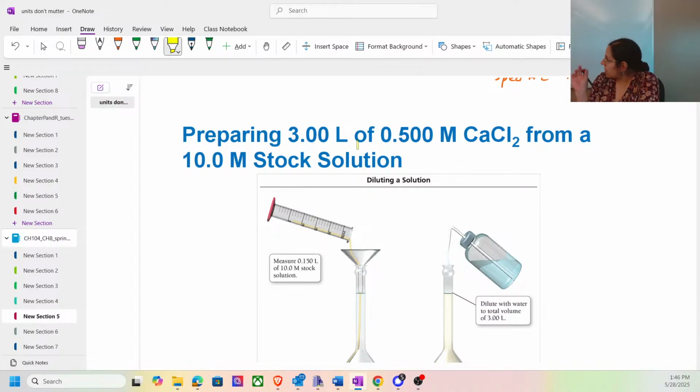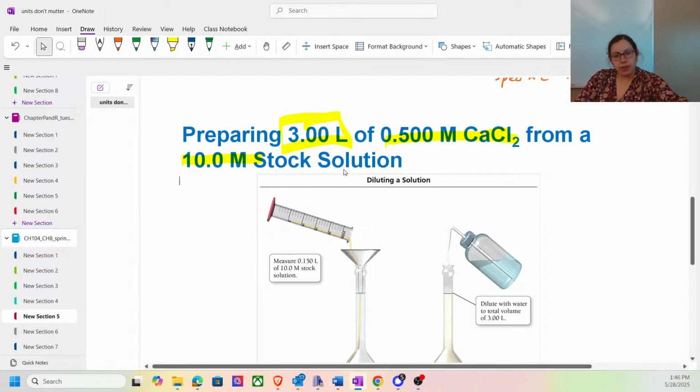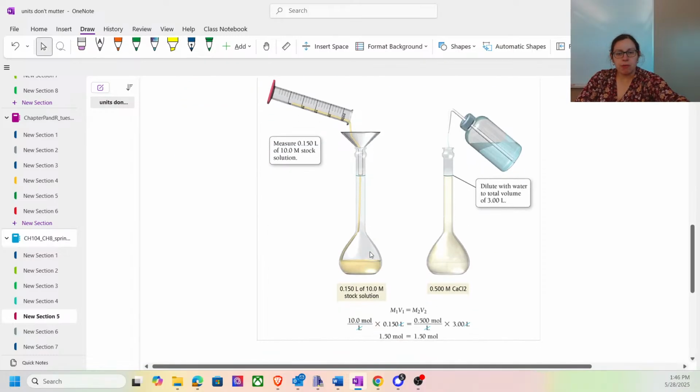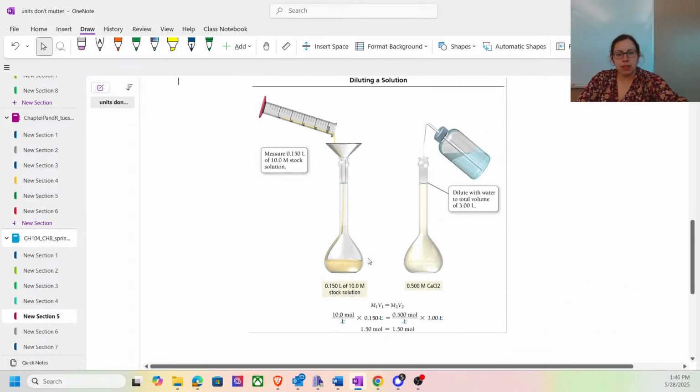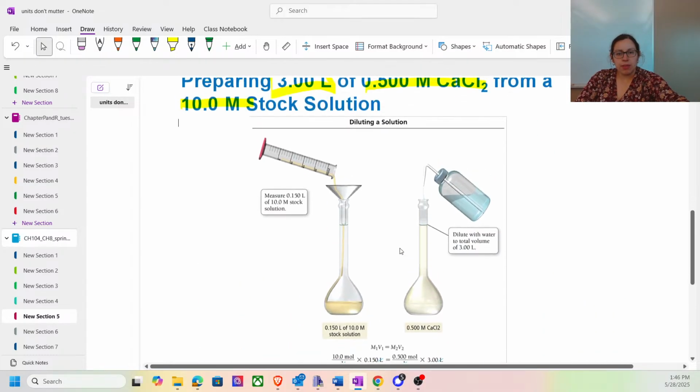It doesn't matter, just as long as you pair the correct things. Let's say for a lab we need 3 liters of a 0.5 molar calcium chloride solution, and we happen to have a 10 molar stock solution. Let's figure out the math first before we follow along with what they did physically.